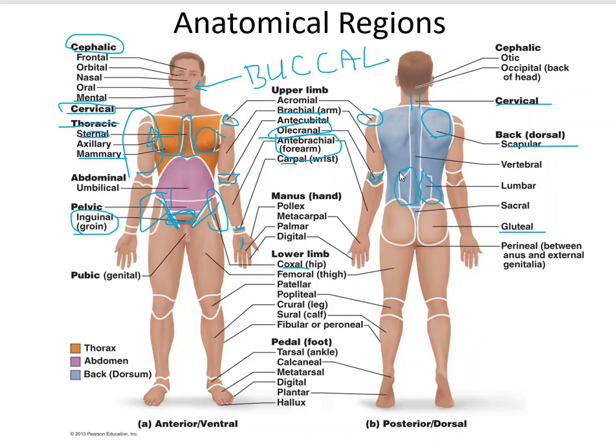It's the small of the back is the way it's usually referred to. Perineal region is this region between the anus and the external genitalia. So if a person was laying like this, and there's the external genitalia of whatever gender, and there's the anus, this would be the perineal region.